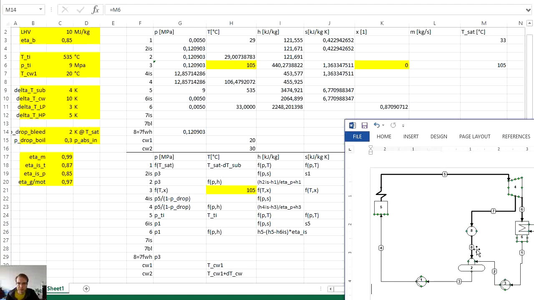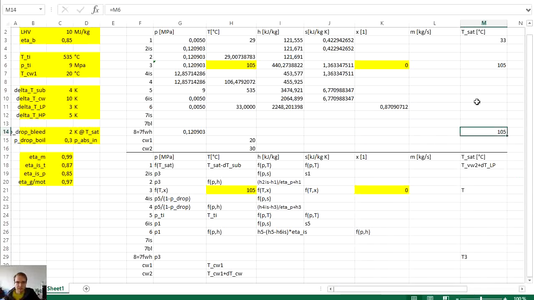Now the pressure drop across the steam piping corresponds to 2 degrees on the saturated temperature. So what does it mean? That means that the saturated temperature at point number 7 will be higher by 2 degrees than the saturated temperature at point number 8. So here at point 7, it doesn't matter whether the bleed or isentropic, because it will be the same pressure.